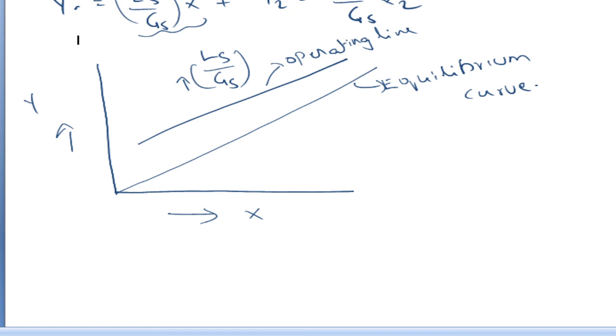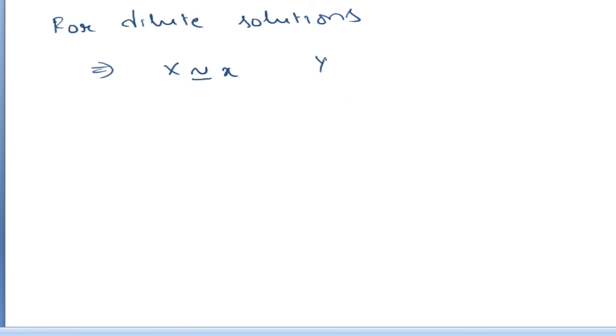Generally for a dilute solution, this is an important GATE question also, capital X is almost equal to small x, that means mole ratio is almost equal to mole fraction. Similarly, mole ratio in vapor phase is almost equal to mole fraction in gaseous phase.